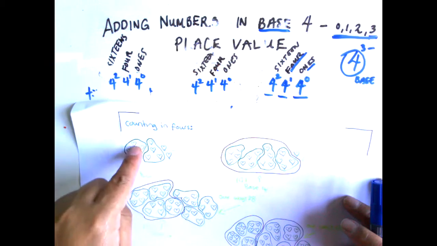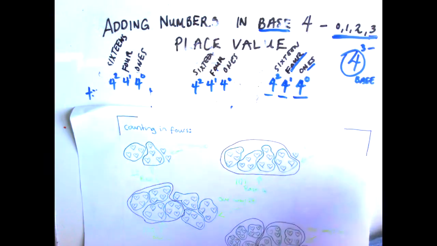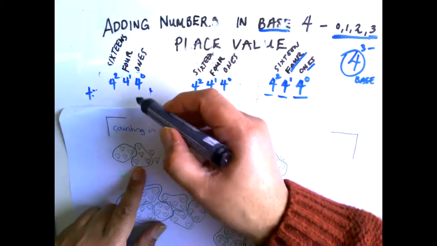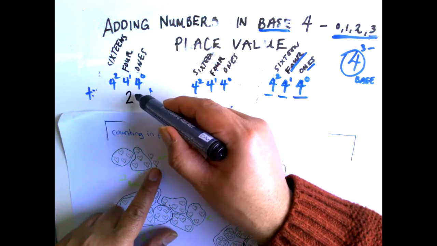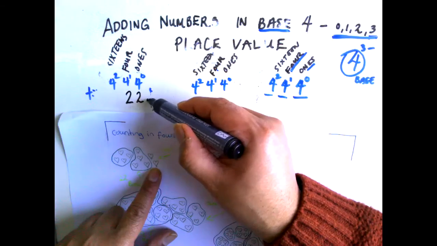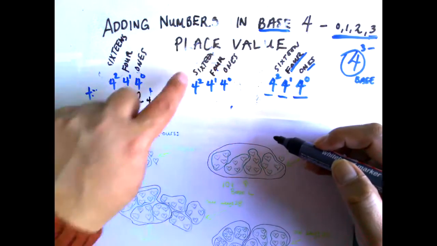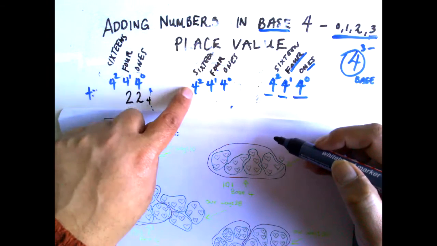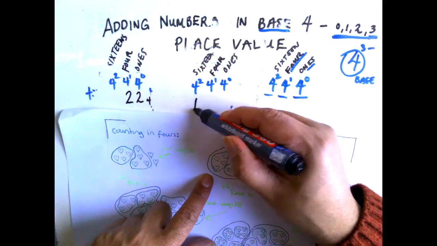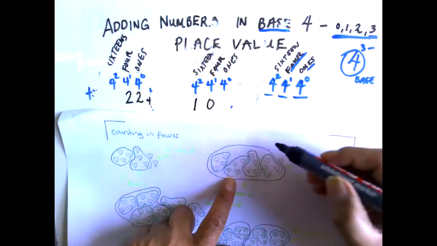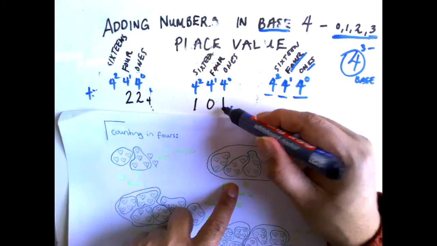So this one here, how many groups of 4 do you see? It's 2, and 2 outside. This is in base 4. And in here, how many groups of 16? Which is 4 groups of 4, 4 raised to the power of 2, is 1. And no groups of 4, and 1 outside. So this is all what it means.